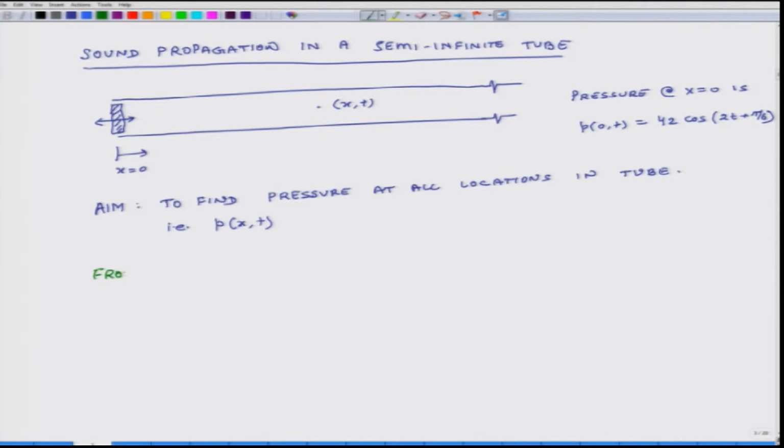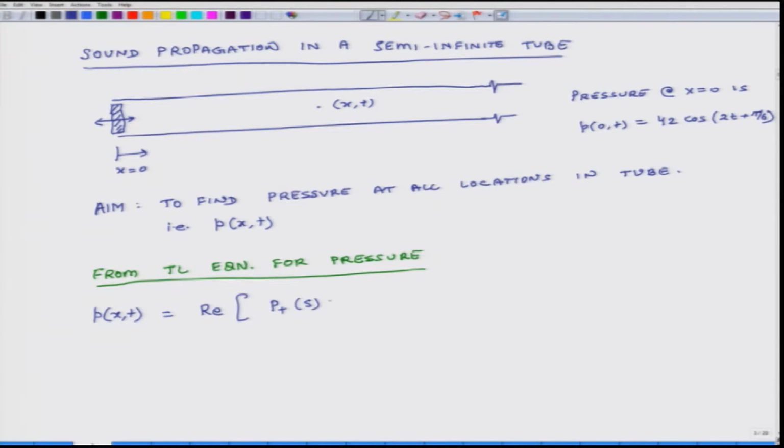So, from the transmission line equation for pressure, we will write down that relation: P of x and t is equal to real of P plus of s e to the power of minus s x over c, plus P minus of s e to the power of s x over c, times e to the power of s t. So, this is my transmission line equation.